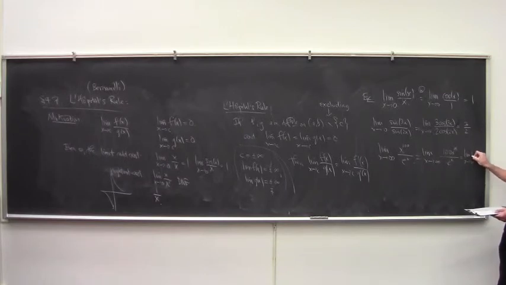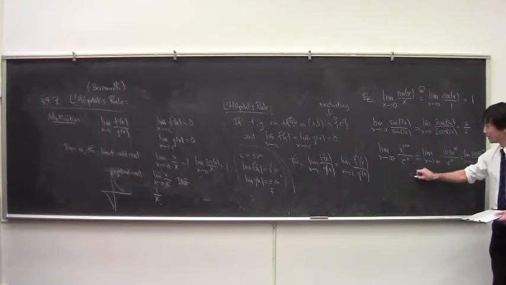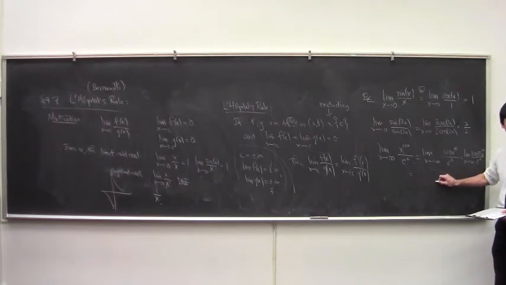And we differentiate again. We get 100 times 99 x to the 98, right, over e to the x. That's still going to be infinity over infinity, so we differentiate again. And then at the end, what happens?